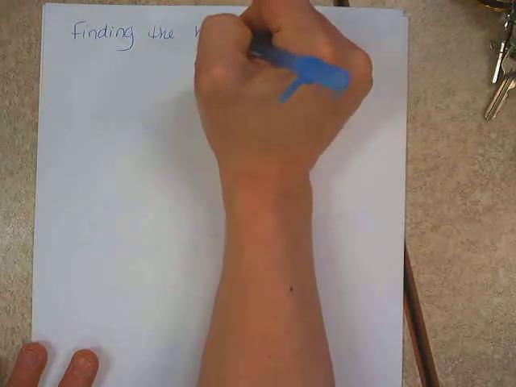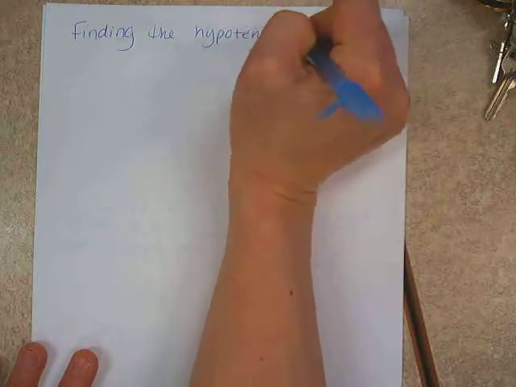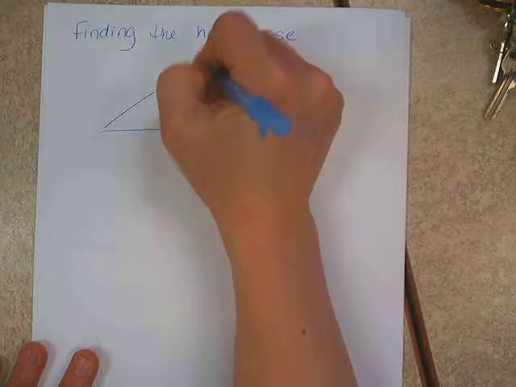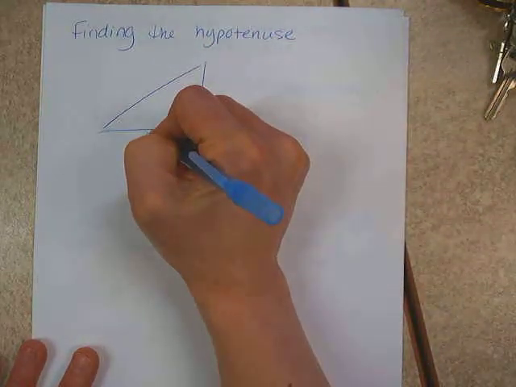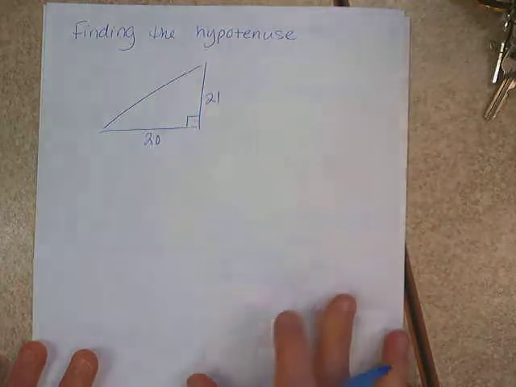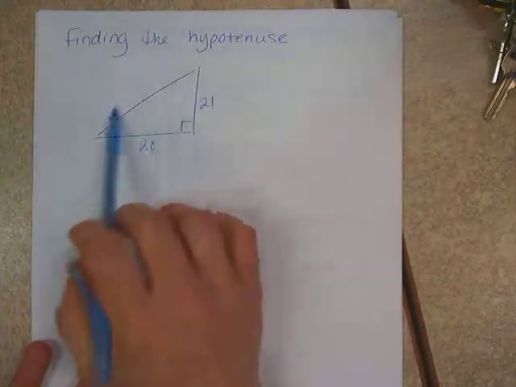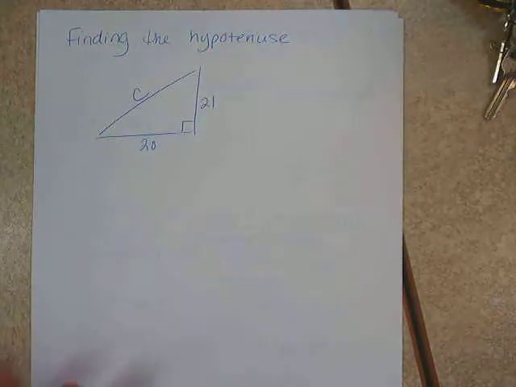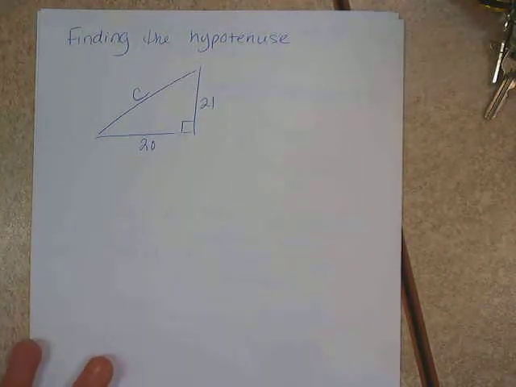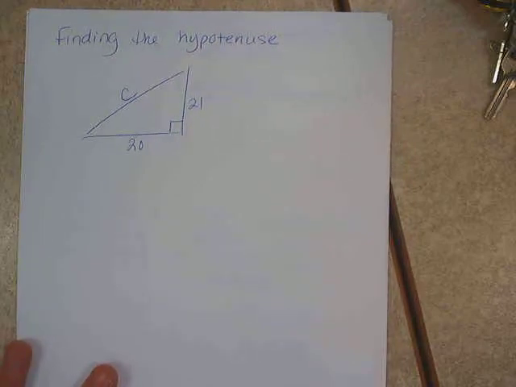So the first thing we're going to do is find the hypotenuse. If we have side lengths of 20 and 21, and we want the hypotenuse, we're going to call this C.